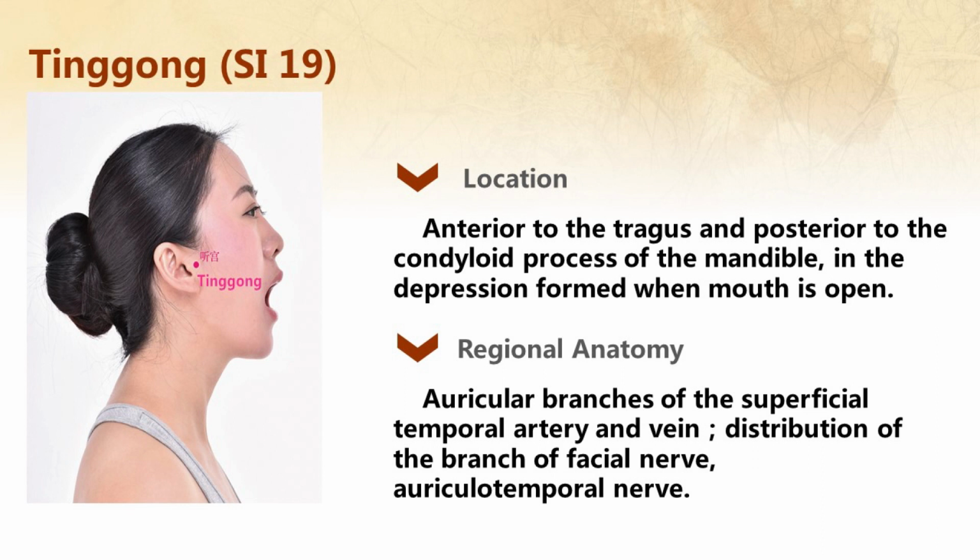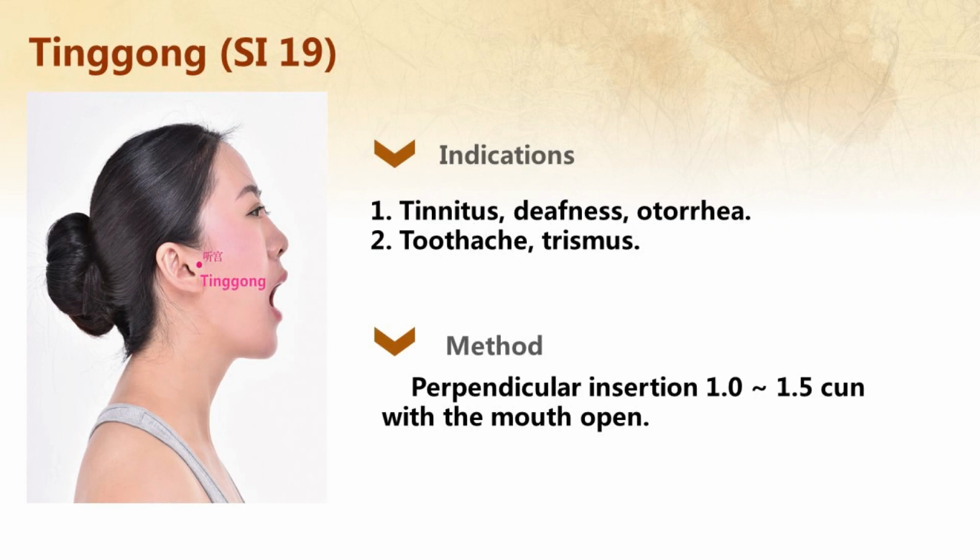The location of this acupoint contains the auricular branch of the superficial temporal artery and vein, and the distribution of the branch of the facial nerve and auriculotemporal nerve. The acupoint can cure tinnitus, deafness, otitis, toothache, trismus. The operation method of this acupoint is perpendicular insertion 1 to 1.5 寸 with the mouth open.